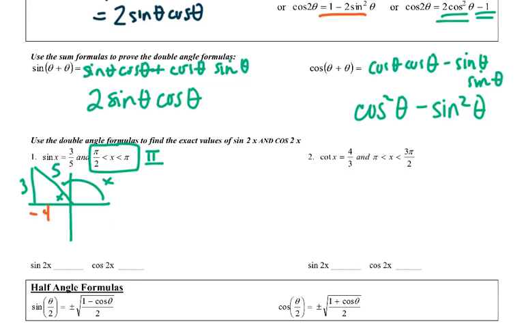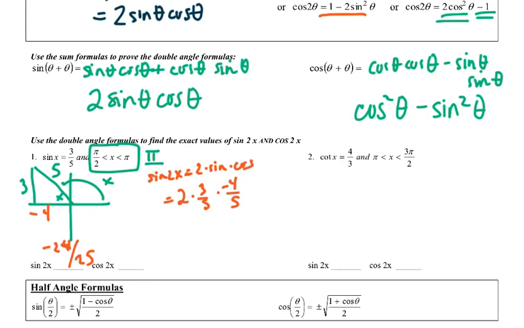And then I'm just going to use my formula. The sine of 2x is equal to 2 sine cos. So it's 2 times the sine of that angle, which is 3/5, and the cos of this angle, which is -4/5. If I multiply those together, I get -24/25.